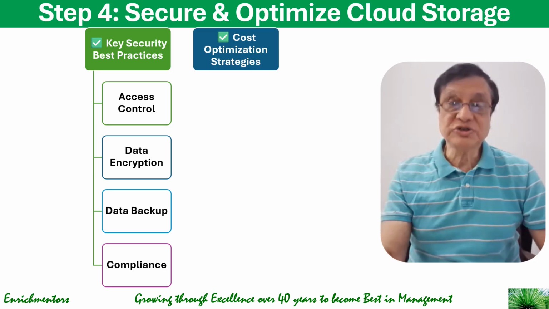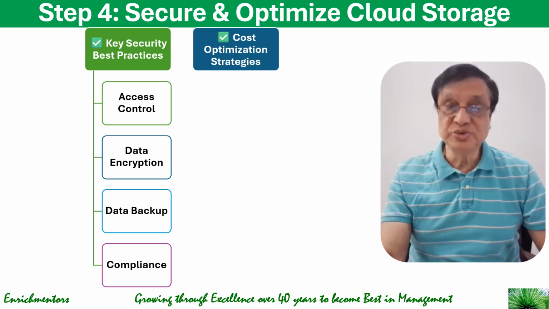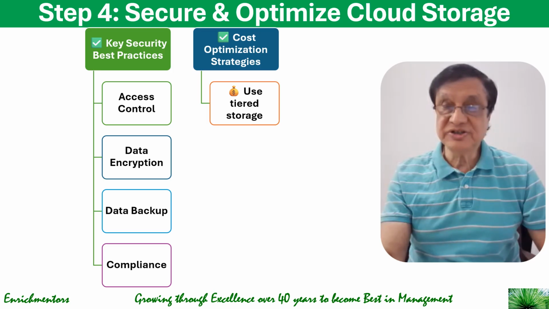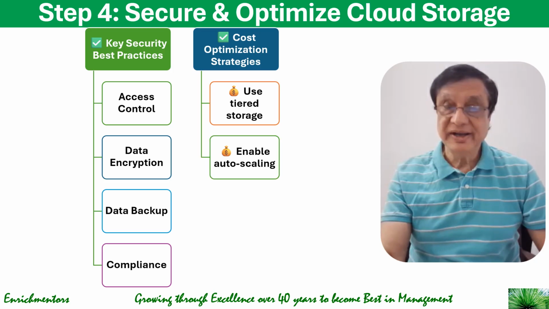Then, in terms of cost optimization strategy, you can use tiered storage, moving infrequently used data to cold storage like AWS Glacier or Azure Archive, or you could enable auto scaling, which can prevent over-provisioning, with serverless solutions.